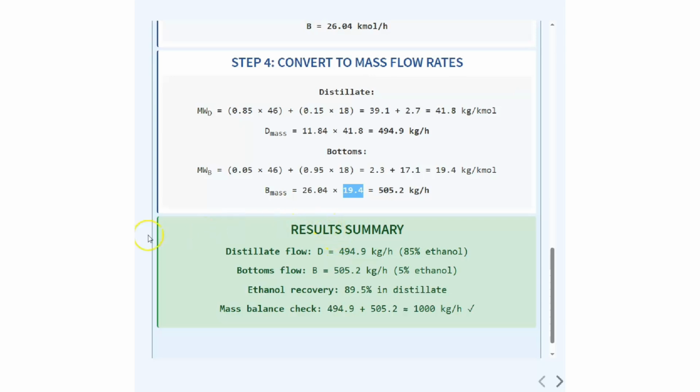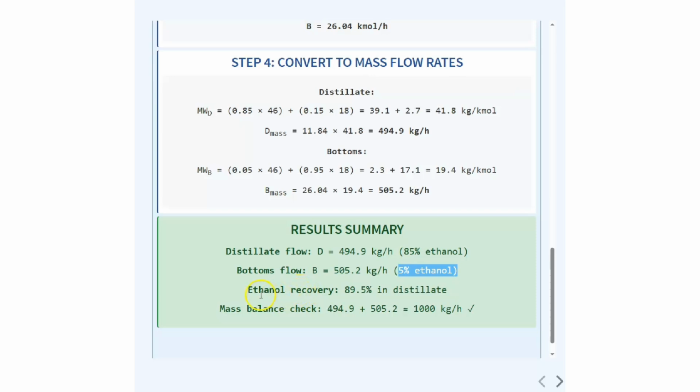So here is the result summary. The distillate flow rate D is 494.9 kg per hour, that is 85% ethanol, and the bottom flow rate B is equal to 505.2 kg per hour, that is 5% ethanol. Now if I want to calculate ethanol recovery, how will I calculate that? It is how much ethanol is there in the distillate divided by how much ethanol is in the feed.